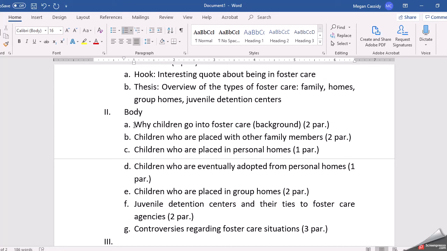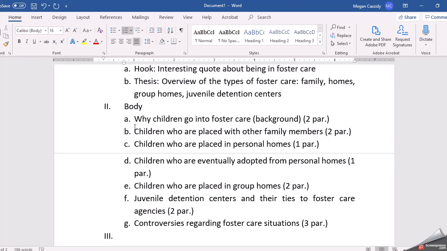Again, for an informative essay, you're not going to take a side. And that gives me 4 pages. And then I'm going to have my conclusion. And that's probably going to be summarizing the issue. And that's going to be a paragraph. And that's basically how you do an outline.